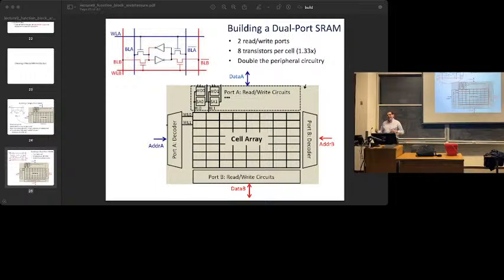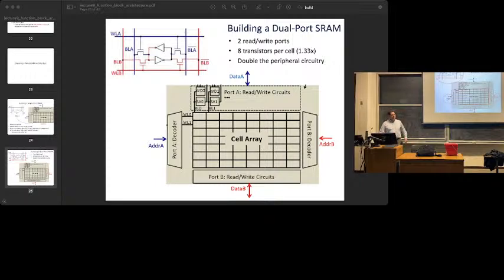And to make 2 ports work, I have to send in 2 addresses. So I have my old address, and now I have my new red address. Each of them needs their own decoder. Because I'm going to decide which row address A is talking about, I need a decoder to decide that, and its outputs are hooked up to these word line A's.